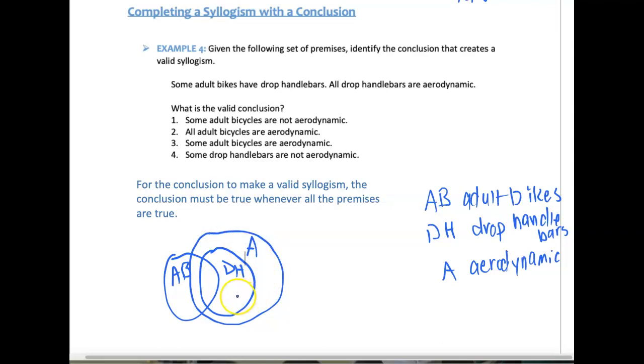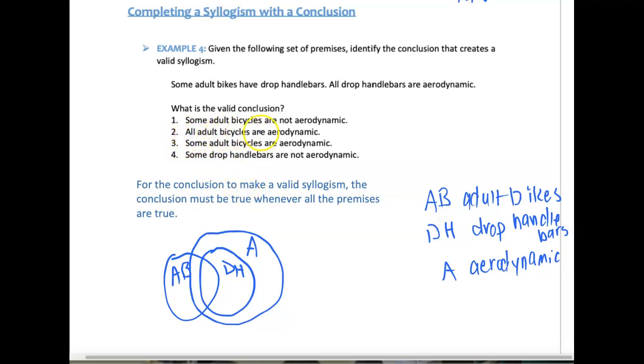So now from here, let's investigate which conclusions we can rule out. Again, if the conclusion's going to make a valid syllogism, the conclusion must be true in this picture. So we're looking for which conclusions aren't true, right? We're ruling them out. So let's look at number 2.